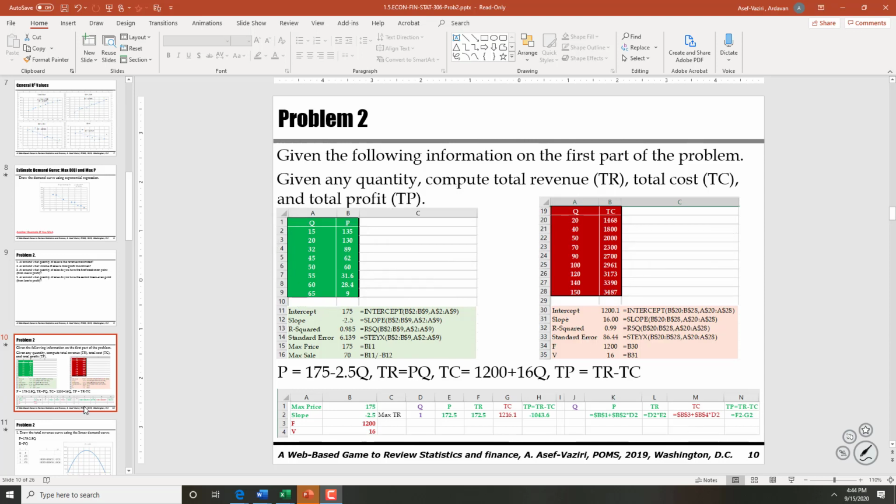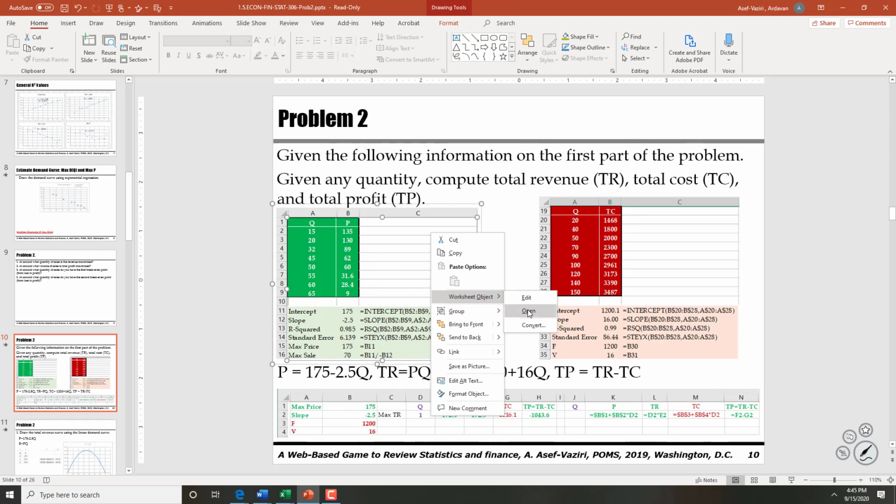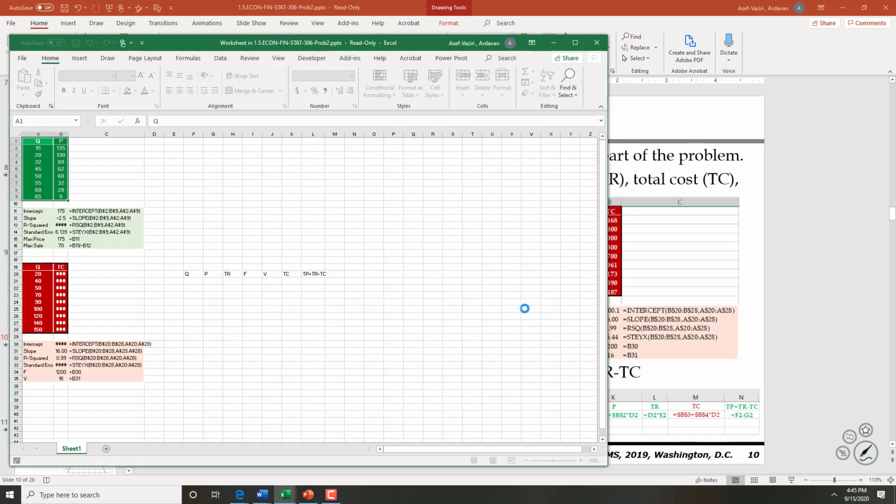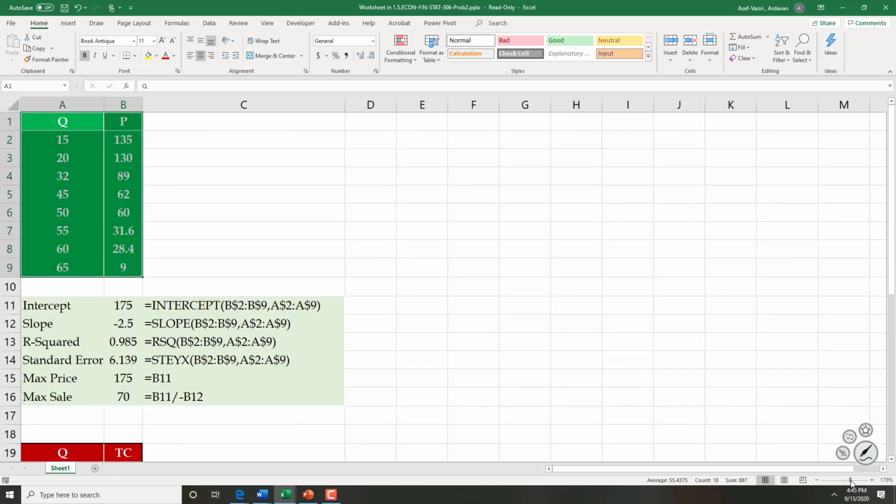As I have explained, most of my tables in my PowerPoint slides are active. I can right-click and I can open the Excel file. Here is the data that I have.